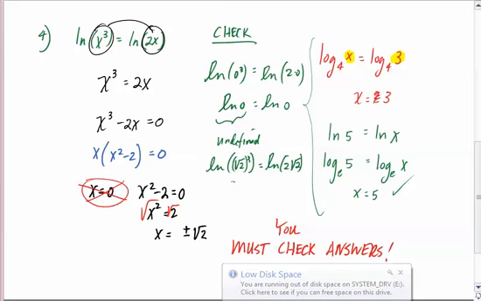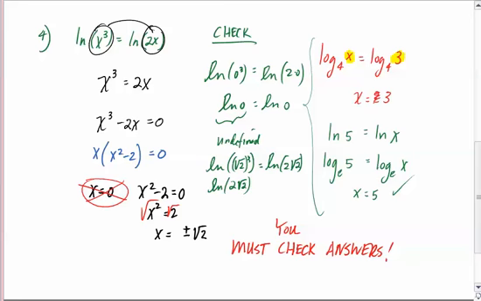Well, that would be 2 square roots of 2, correct? So let's see, is this going to work? Well, does natural log of 2 square root of 2 give me an actual value? Yes. And is that going to be the same as that? Yes. So this one works. That one works.